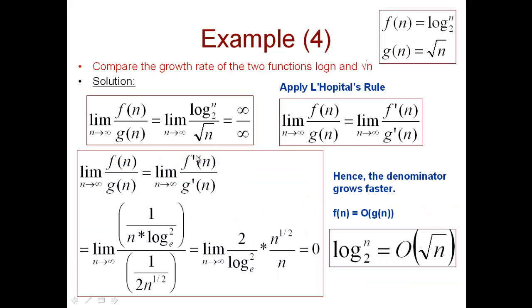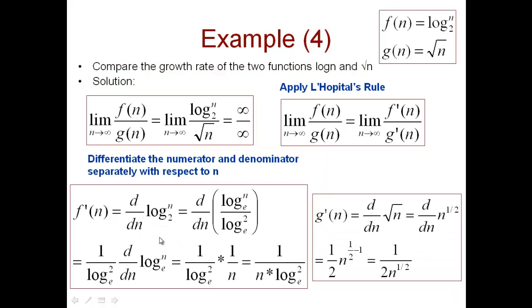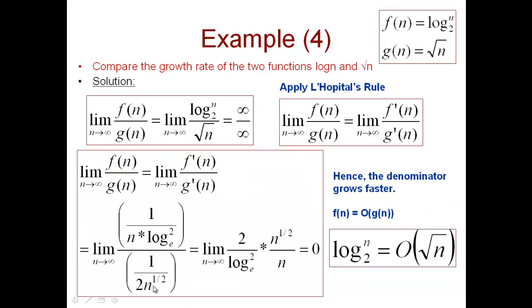So now you can put these two things together. So f prime of n is 1 over n log 2 to the base e that we got, and then g prime of n is 1 over 2 n raised to half. Now all you have to do is simplify this. So again, log 2 to the base e is a constant, 2 is a constant, so this is 1 over half.